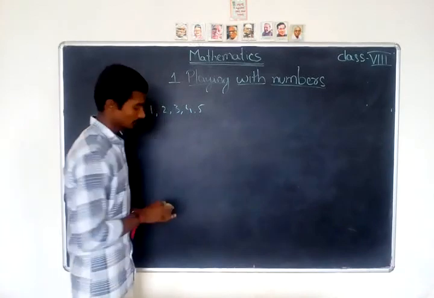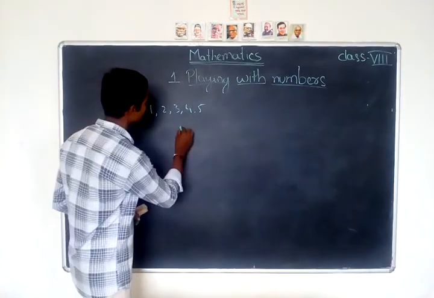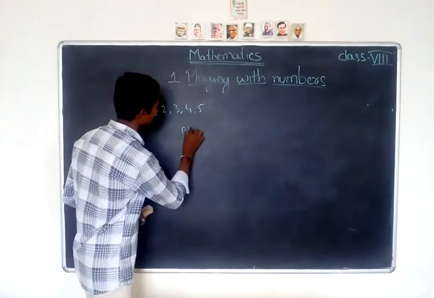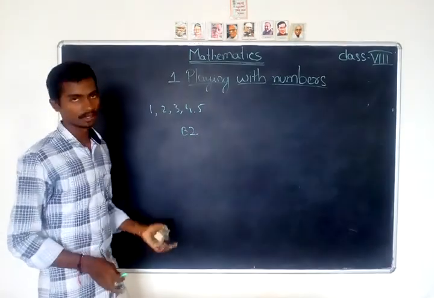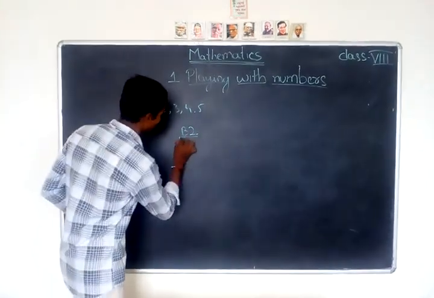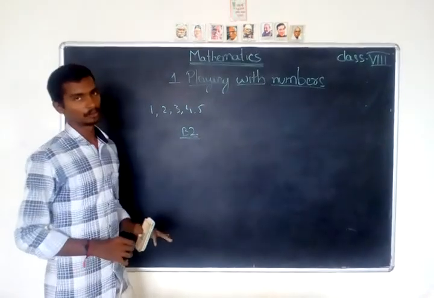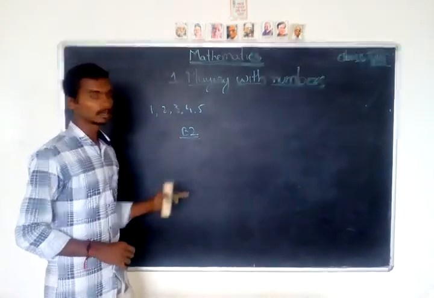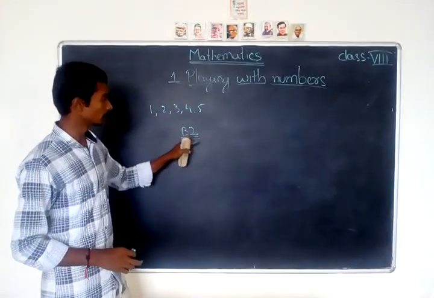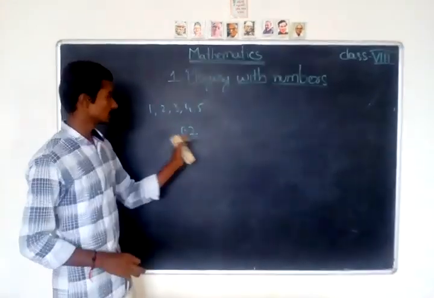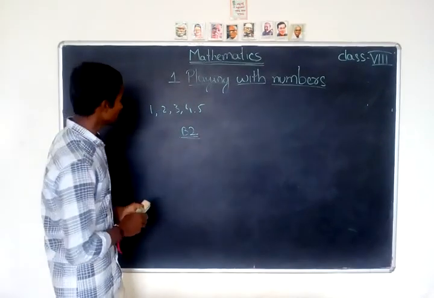Suppose I write any number like B2, then B can take any value. So this number is an alphanumeral. It has got an alphabet and a number. Alpha means alphabet, numeral means number. So this is an alphanumeral. Okay.